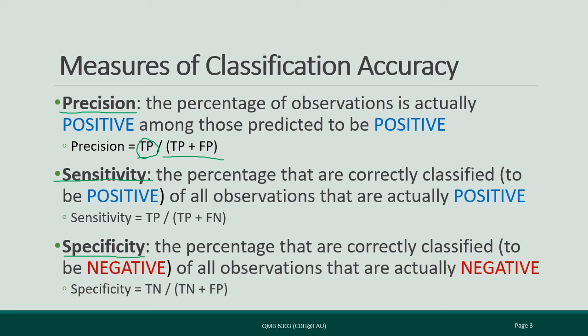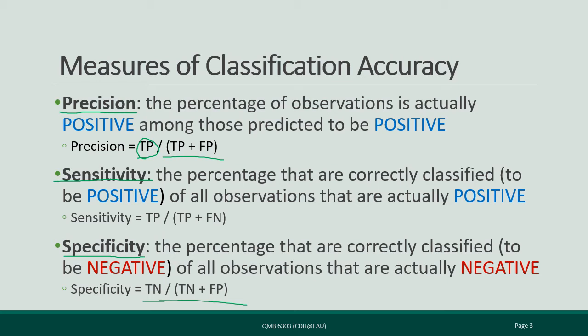Specificity is when we take all those observations that were actually negative and look at the portion of those that are predicted to be negative. So those are true negatives among all the actual negatives. Again, going back to the loan example, based on all of those people who actually default, how many of them are actually predicted to default?